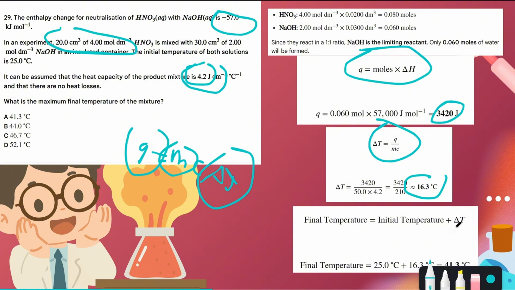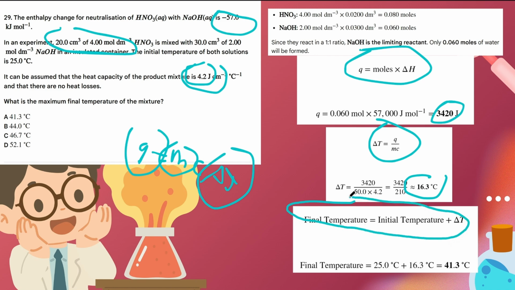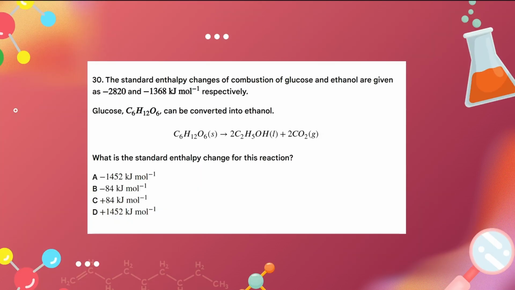So to find the final, use this. Okay, you know how to do that. You guys are smart, kan? I mean, you just put 25 plus 16.3, making the answer 41.3. Yeah. Okay. Another interesting question.